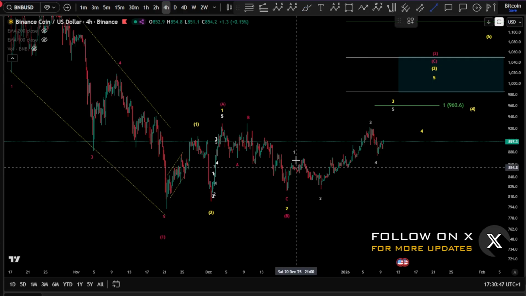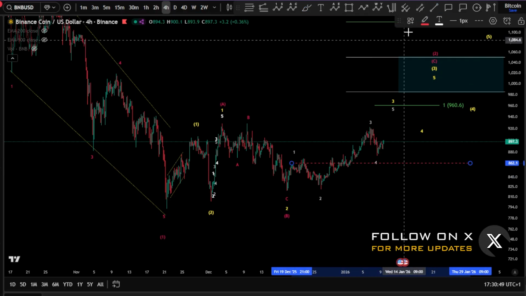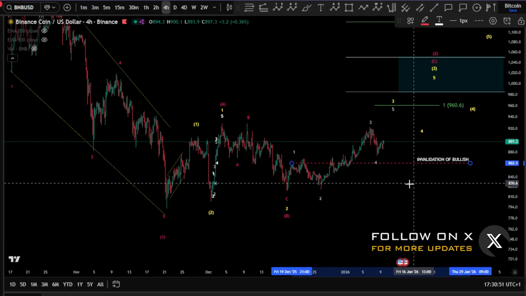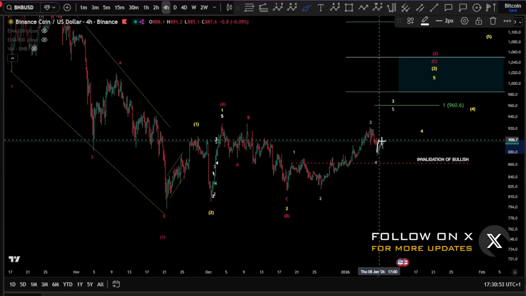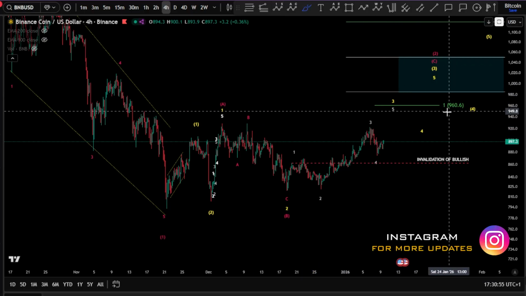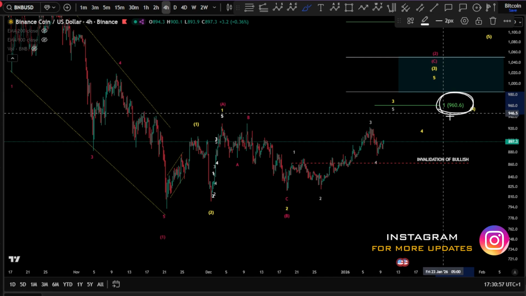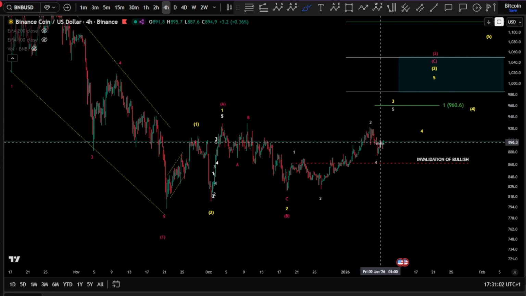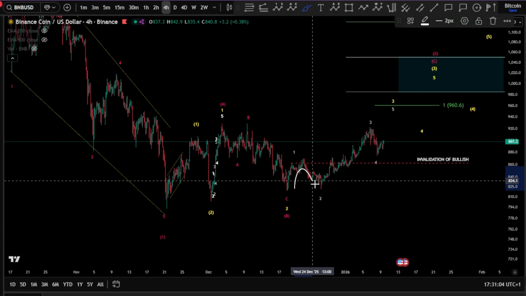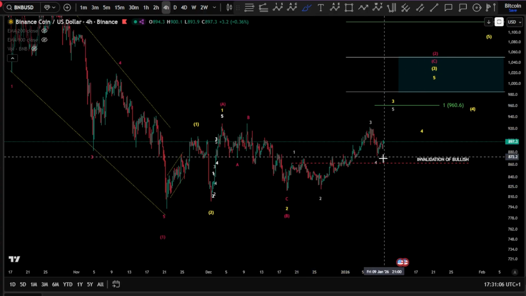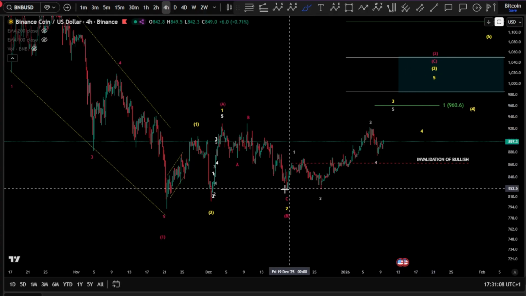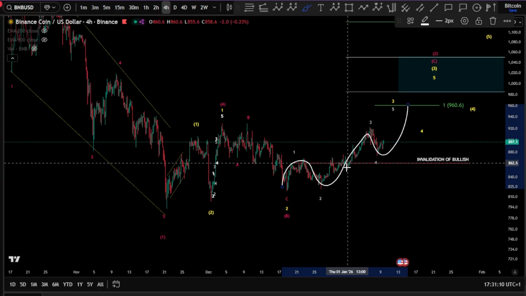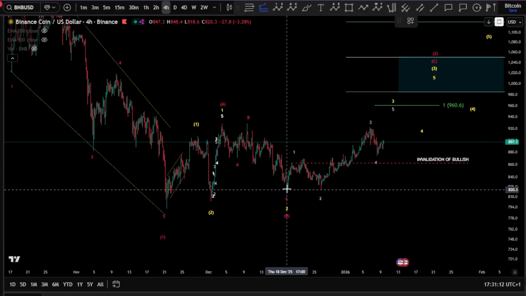The invalidation of bullish is not taken yet as a wave 4, meaning on the lower time frame here. However, if we break the $960 impulsively, that means it might be something pushing for higher, but I doubt it because the structure looks already very small, and it will end up exactly between these levels as well.